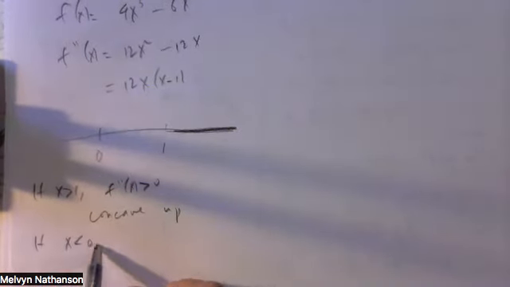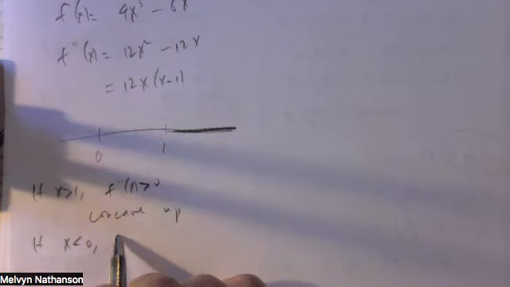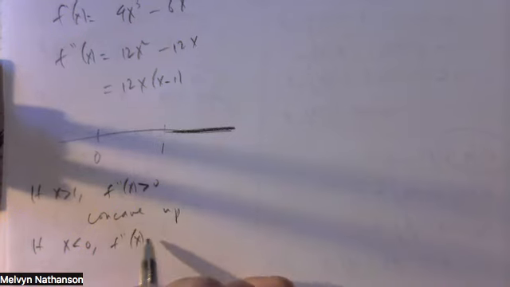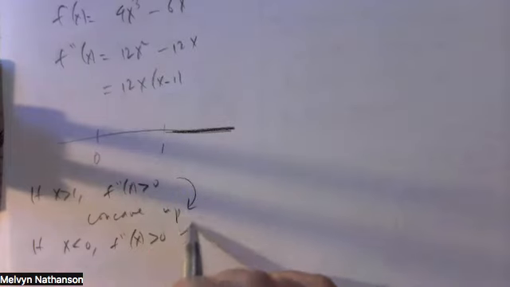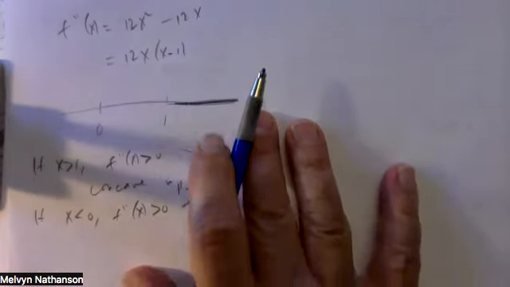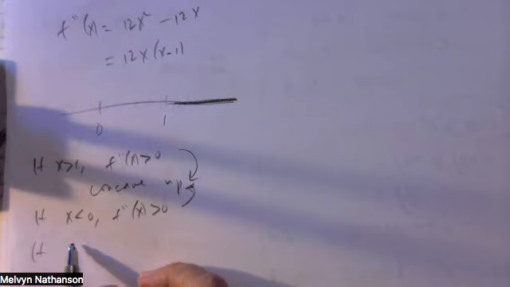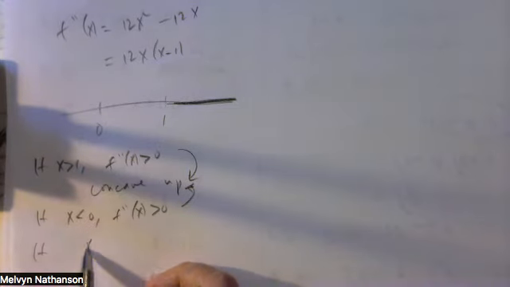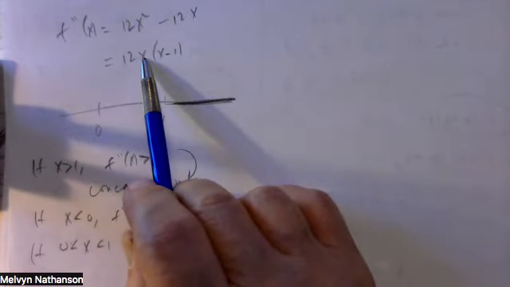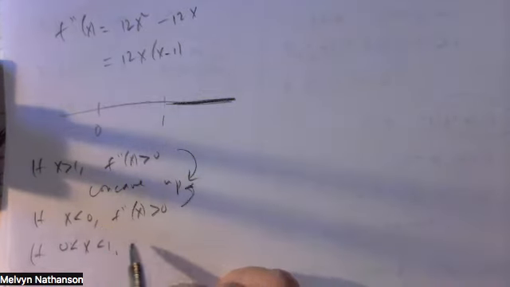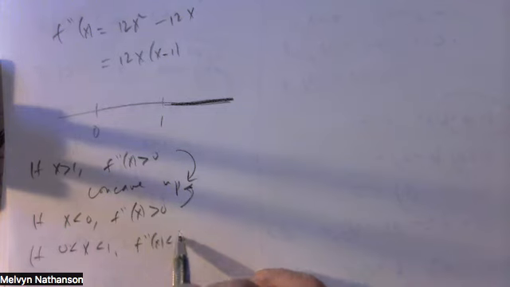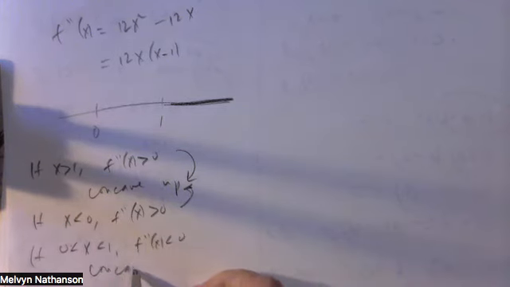If x is less than 0, f double prime is still greater than 0, and the curve is concave up. If x is between 0 and 1, this is positive, but this is negative. f double prime of x is negative, and the curve is concave down.